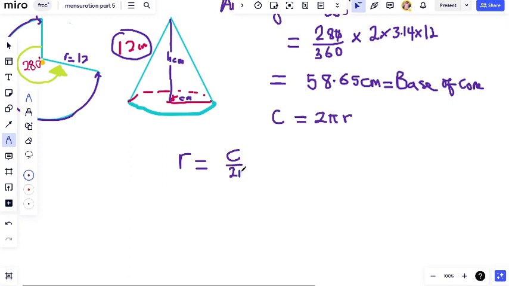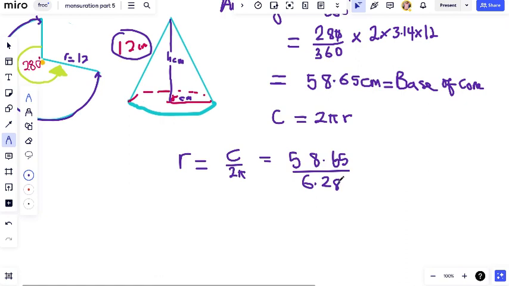Okay, so this is equal to 58.65 divided by 2 pi. 2 pi is 2 times 3.14, which is 6.28, right?